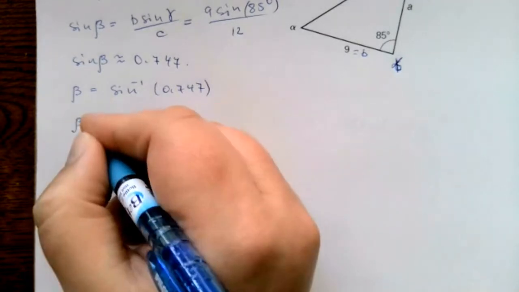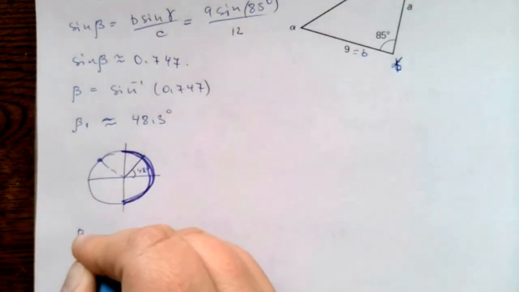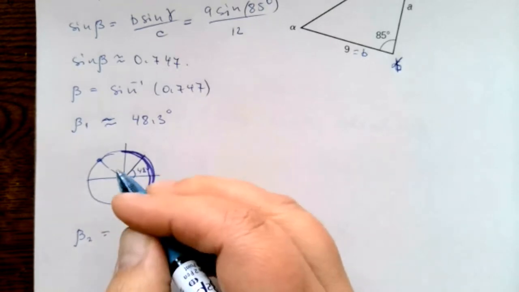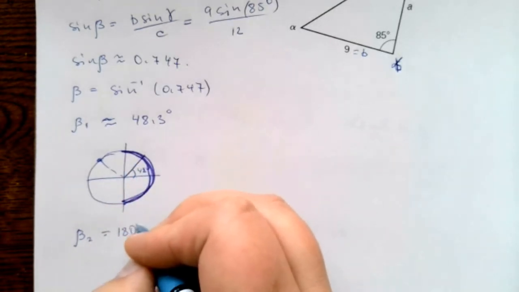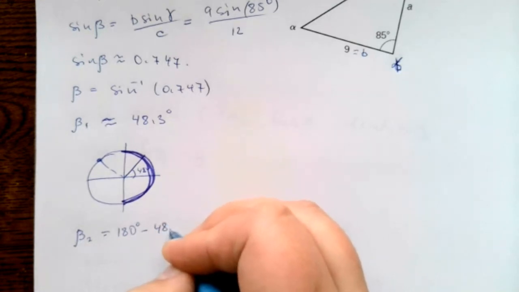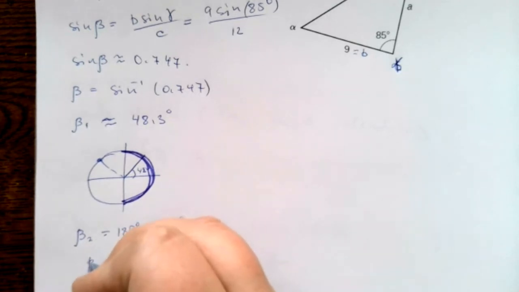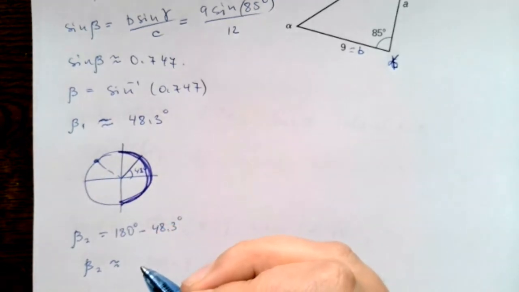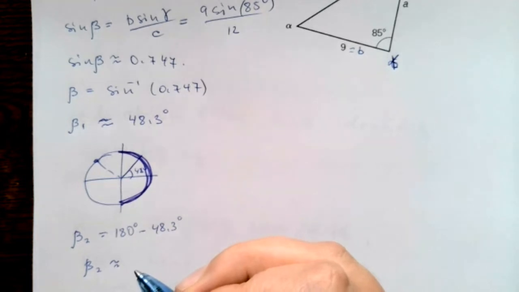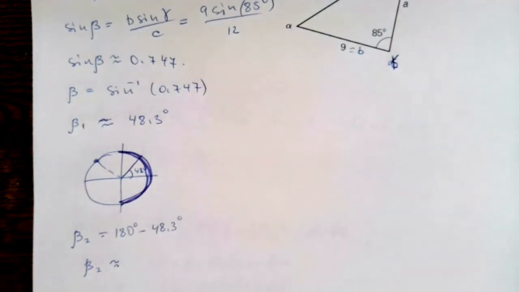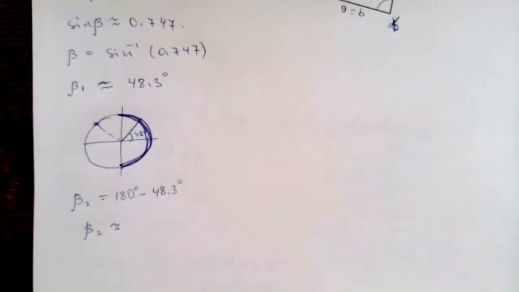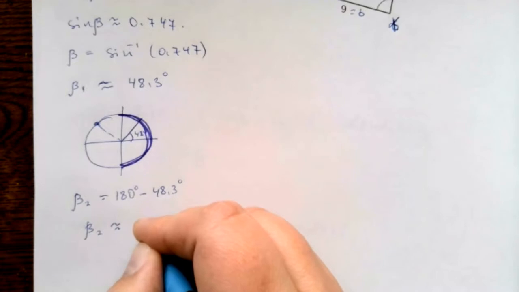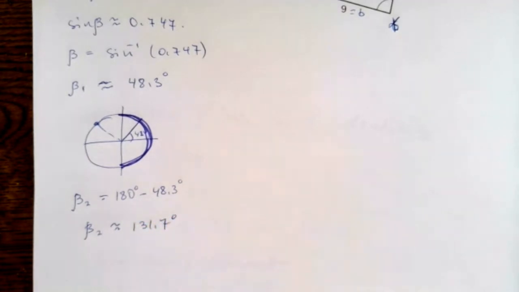So there is a possibility of another angle with the same sine right here. And so we're going to call this one beta 1. So there is a possibility of beta 2. And the beta 2 is 180 minus 48.3 degrees. So beta 2 is approximately, let's see, 131.7 degrees.